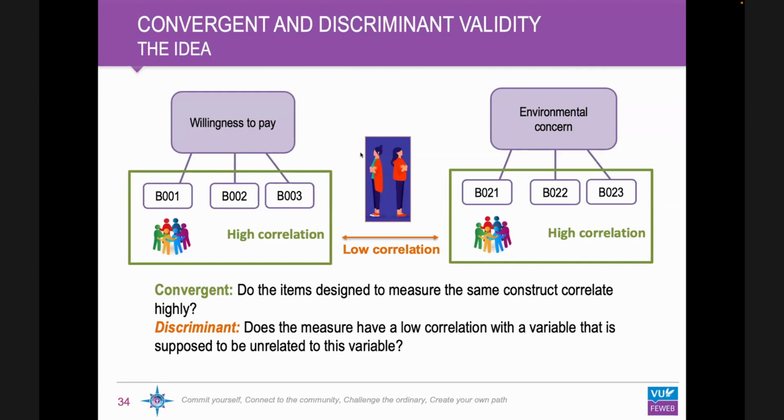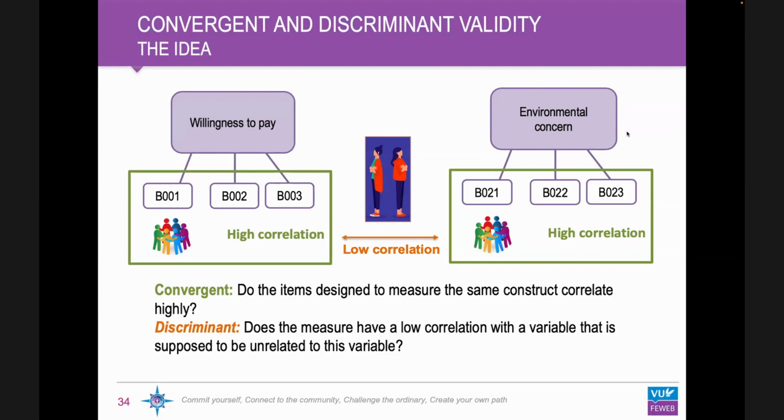So as I said, we have two constructs. For these constructs to be valid, we want convergent and discriminant validity. Convergent validity is about, do the items designed to measure the same construct correlate highly? So within these groups of items, we want high correlation. That's the indication of convergent validity. For the discriminant validity, does the measure have a low correlation with a variable that is supposed to be unrelated to it?